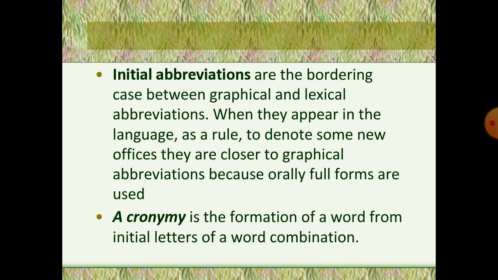Initialisms are the way of making new words from the initial letters of the word group. For example, WWW, World Wide Web. Acronymy is the formation of a word from initial letters of a word combination. There are two basic types of acronyms in English.